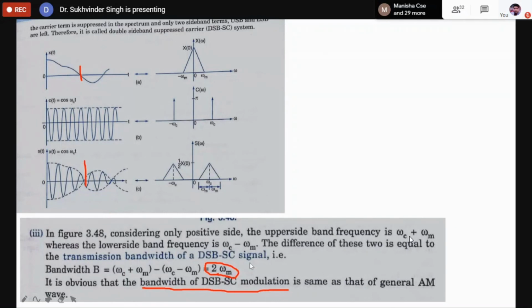For amplitude modulated wave also, the bandwidth was twice the highest frequency in the modulating signal, and this is the same for the double sideband suppressed carrier also. So this is all from my side for today's lecture.